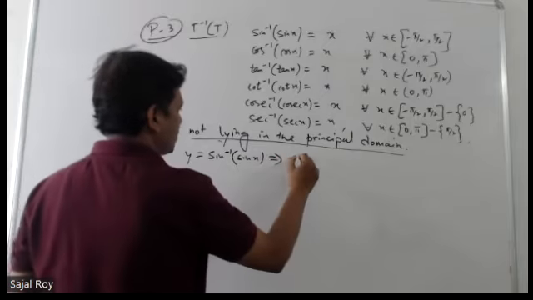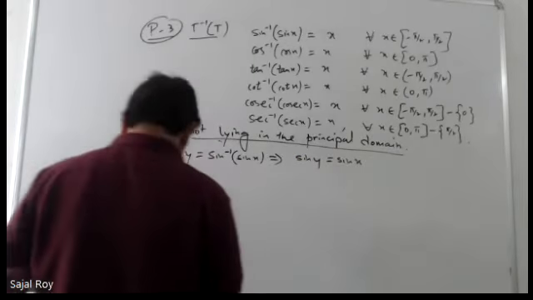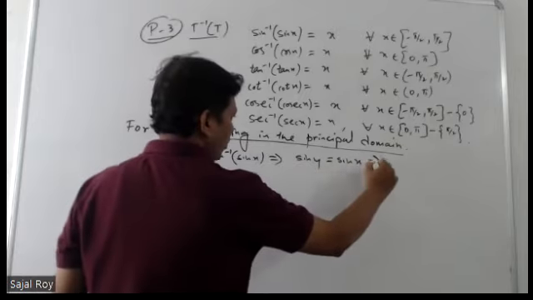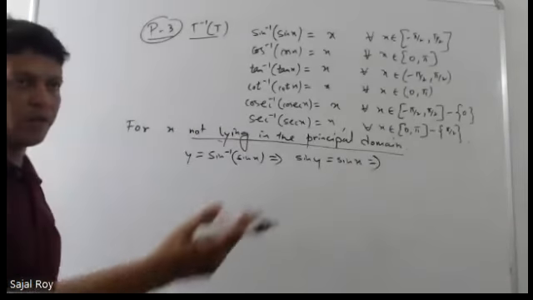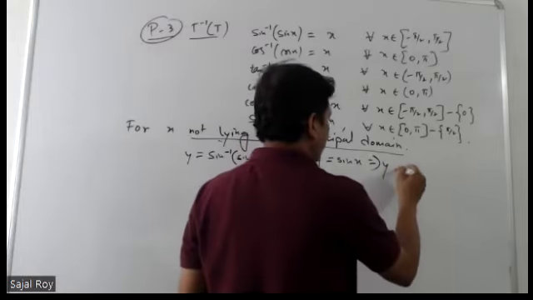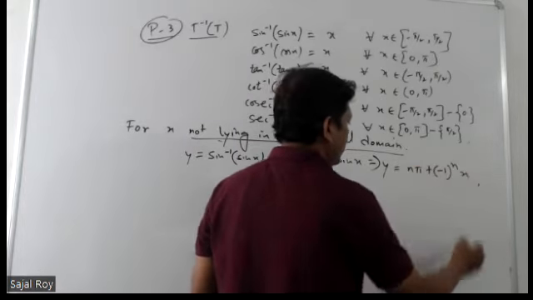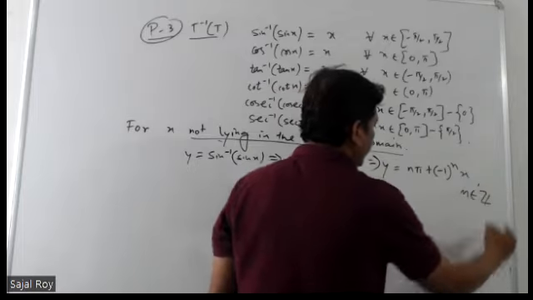That means sin y equal to sin x. So if sin y equal to sin x, for general values we can write y equal to n pi plus (-1) to the power n into x. N belongs to the set of integers.